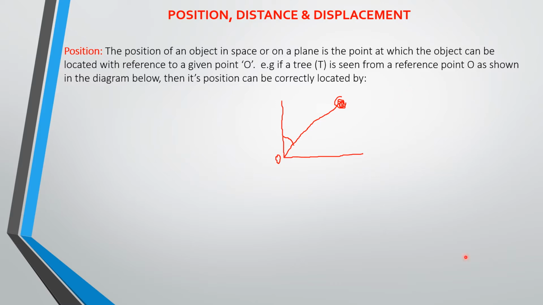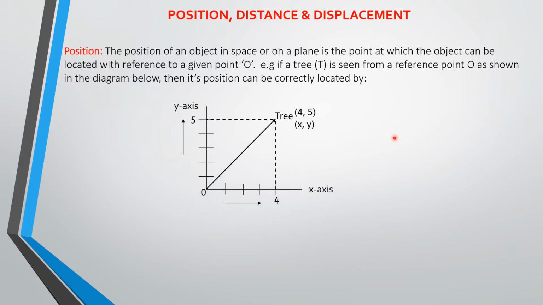I have a drawing here that explains it better. So this is a Cartesian plane. Assuming you want to locate the position of this tree, this is the reference point O and this is your tree.